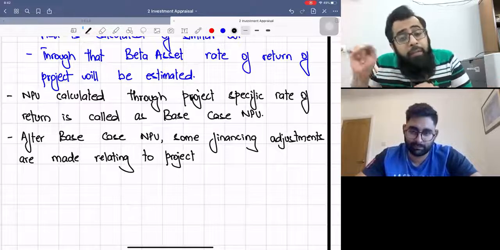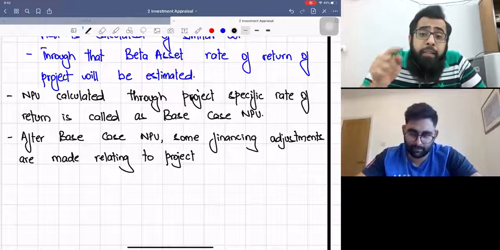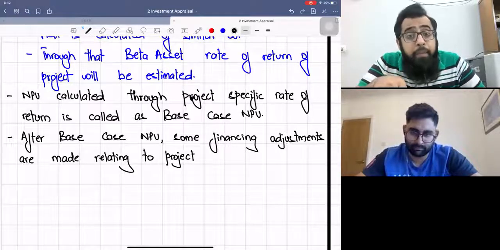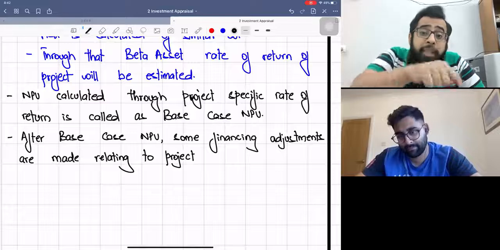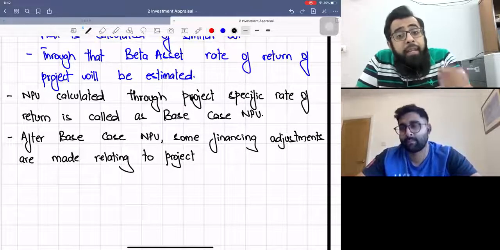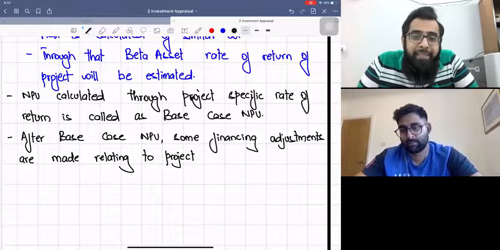Now it is the concern of the company to pay the financiers. But the project says that due to that, the company gets some tax benefit. The impact of that tax benefit should be given to the project because that is something additional which is earned by the company due to the project.